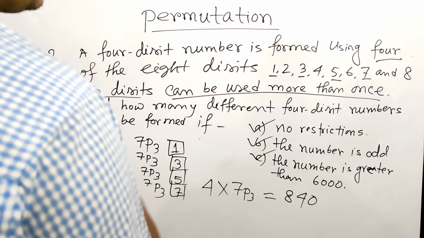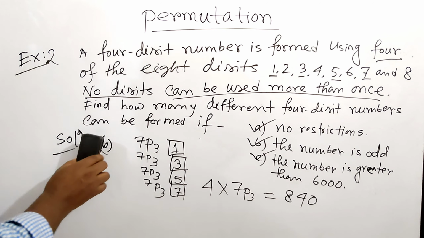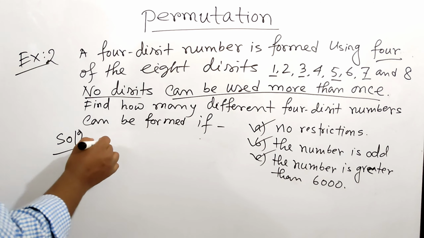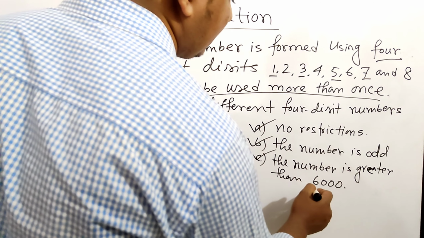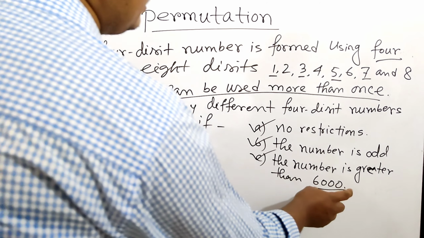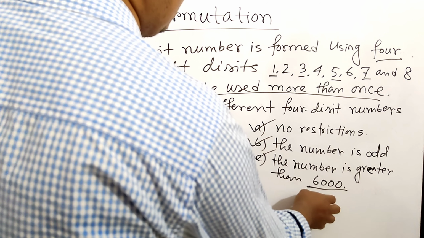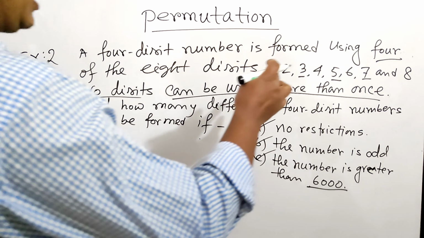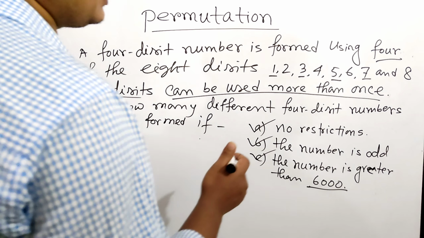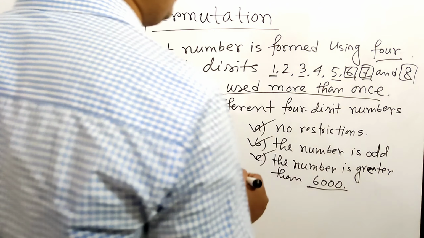Now look at number C. The number is greater than 6000. Keep in mind the condition is that the 4-digit number should be greater than 6000. How many digits of these 8 are 6 or more? 6, 7, 8: there are 3 numbers.